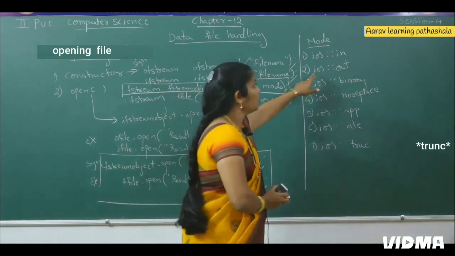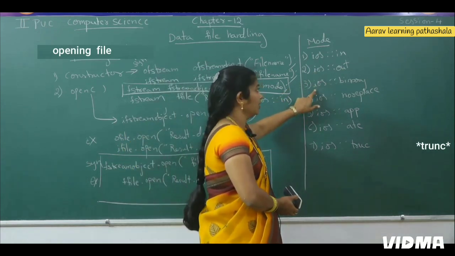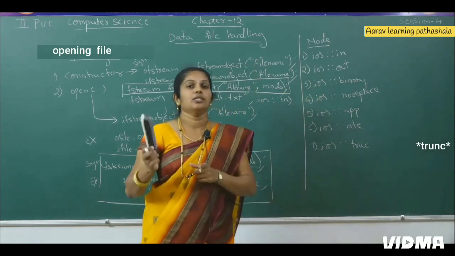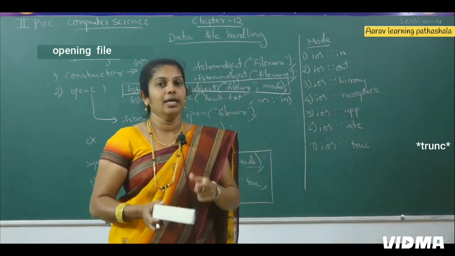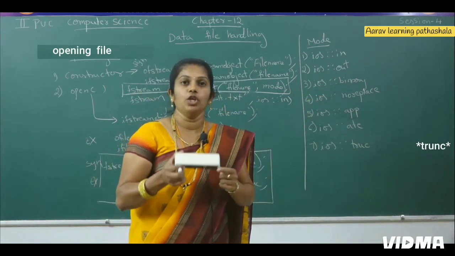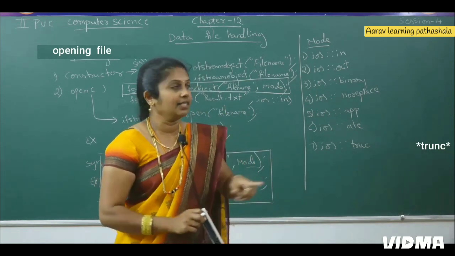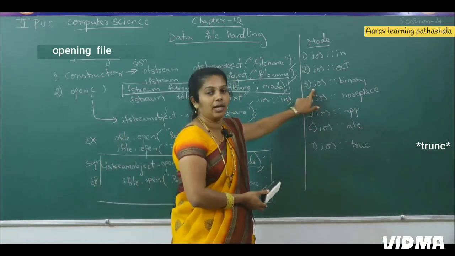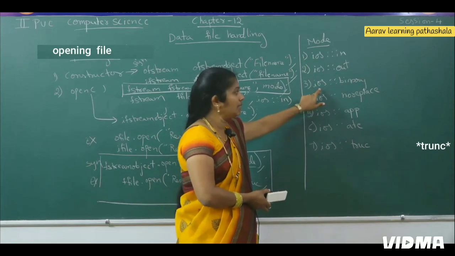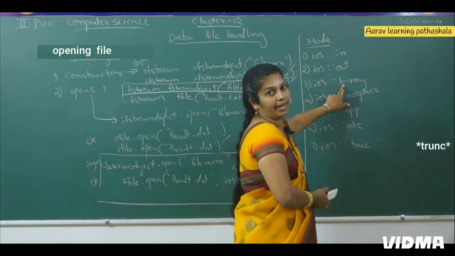If we want to write, we use ios::out. The next one, ios::binary. This mode is used when you want to open the file, especially in binary format. When you want to open in binary format, ios::binary.